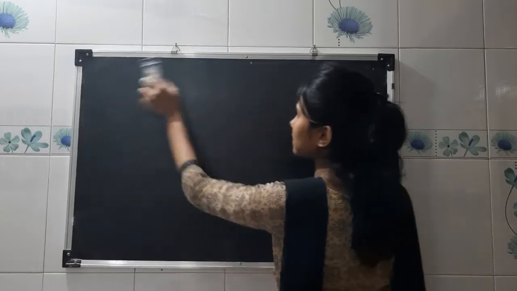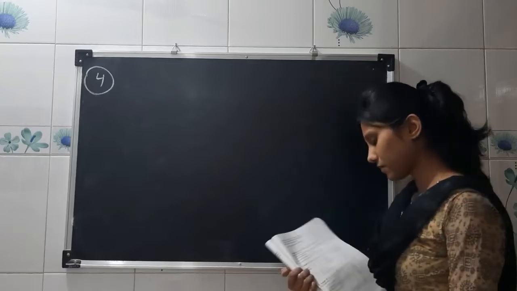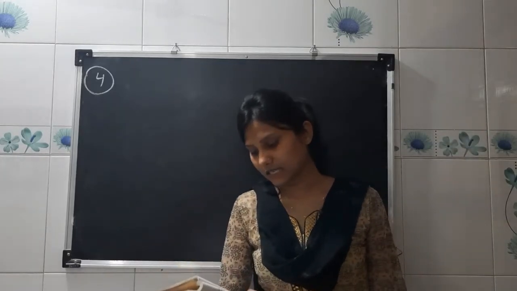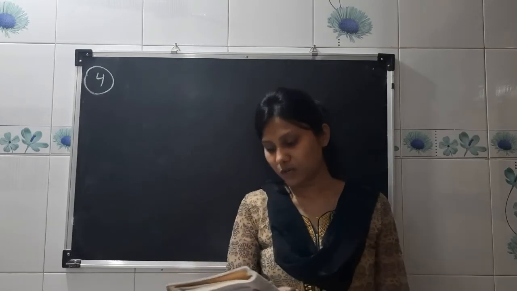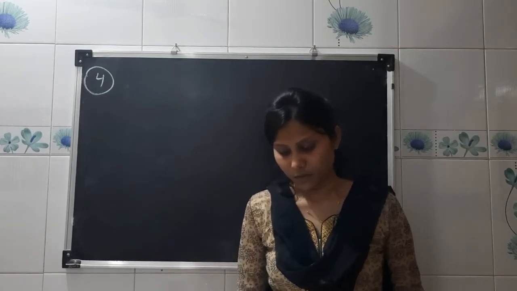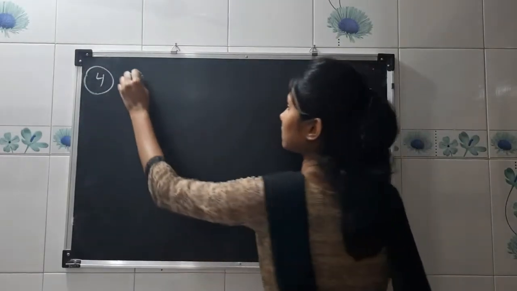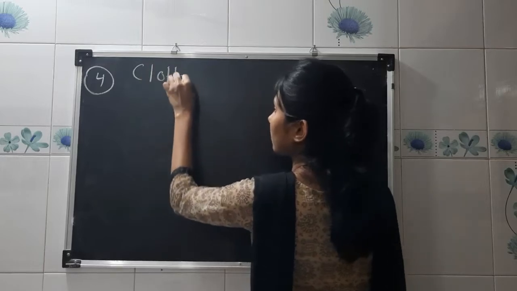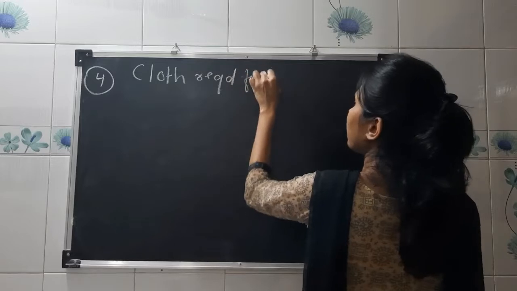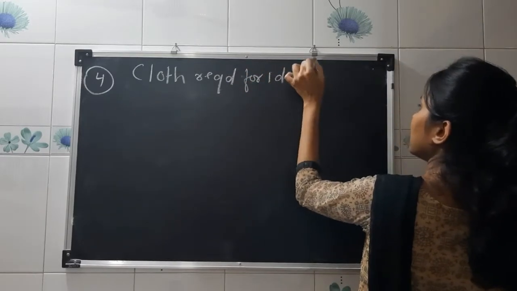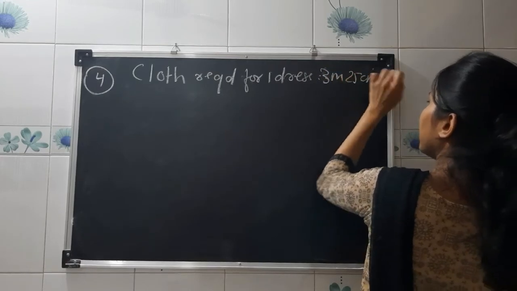Now let's move to the next problem. If one dress requires 3 meter 25 centimeter of cloth, how much do 4 dresses need? Okay, so the cloth required for one dress is 3 meters 25 centimeters.